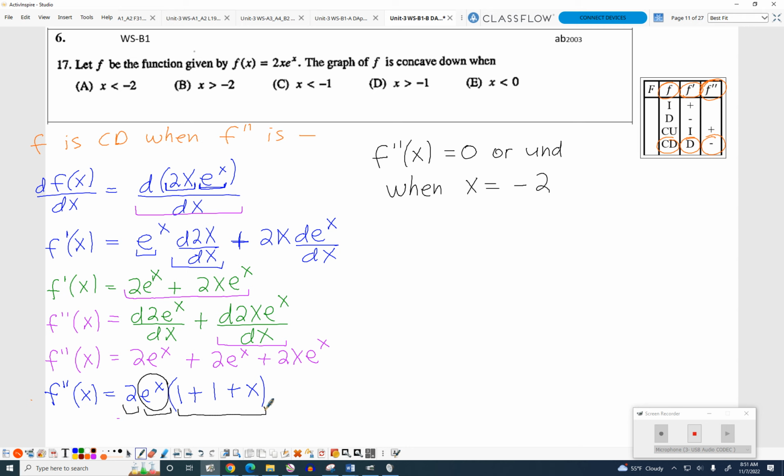The third factor is the only thing we are concerned with, because it is the only factor of the 3 that can ever equal 0. The first 2 factors can't be 0 or undefined. Only the third factor can become 0 when x is -2. That means that is the only x that will cause f double prime to ever equal 0.